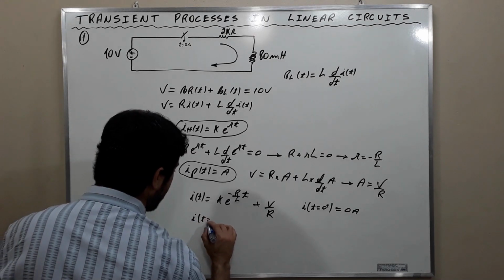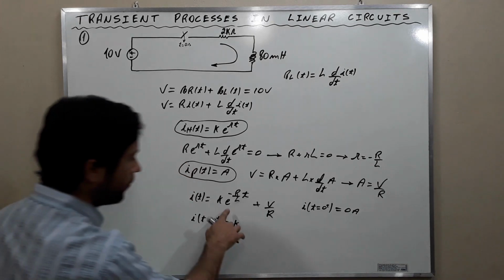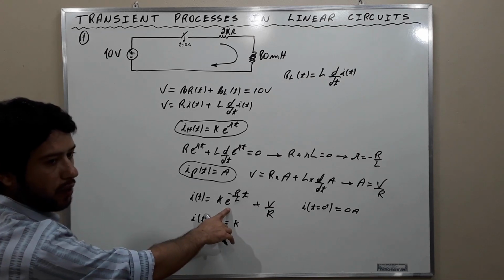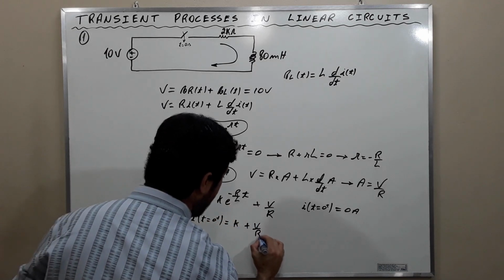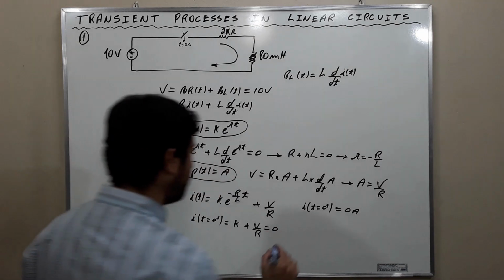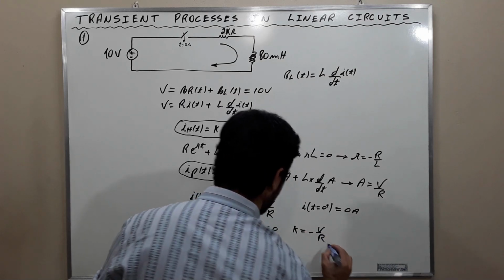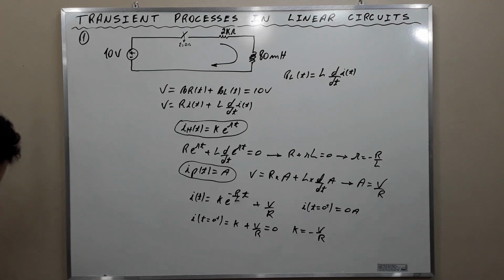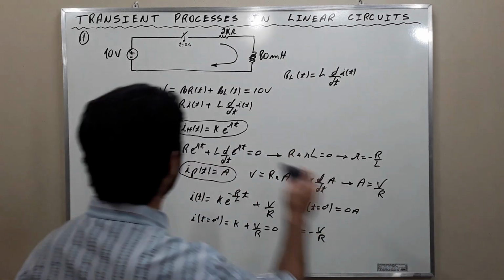I of t equal to 0 plus is equal to k. Every number raised to the power of 0 is 1, plus V over R equal to 0. Then we find that k is equal to negative V over R. With these results, we find the circuit's current for all t greater than 0.